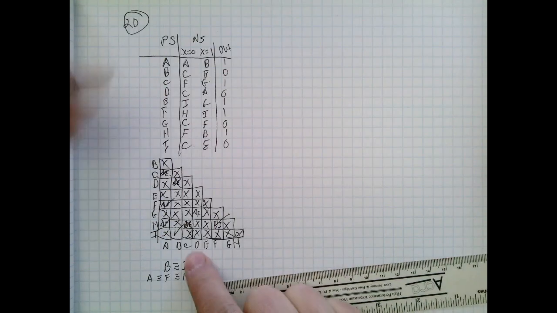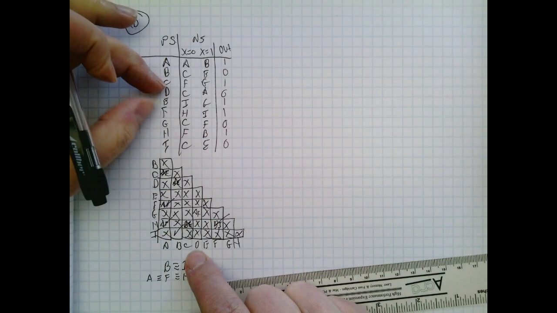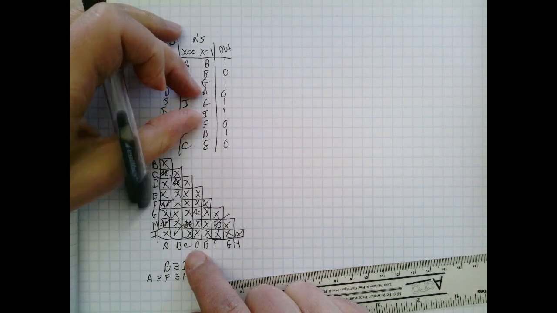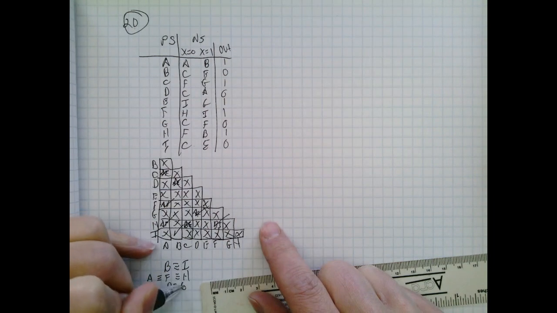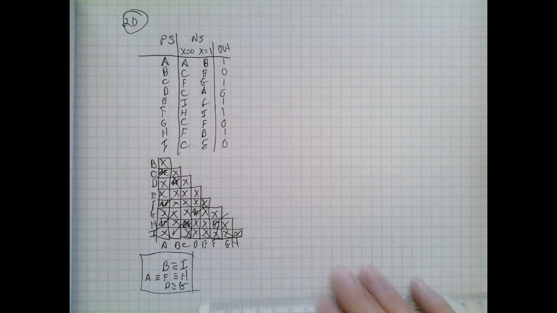Now, did we do D and E? D and G. D equals G if C equals C and A equals F. A does equal F, so D equals G. That's good. So we have some nice reductions here.